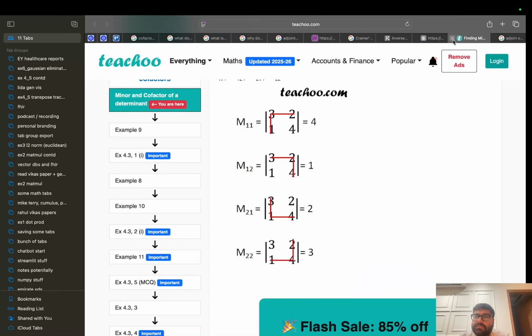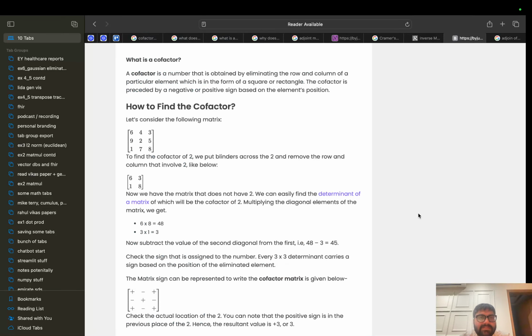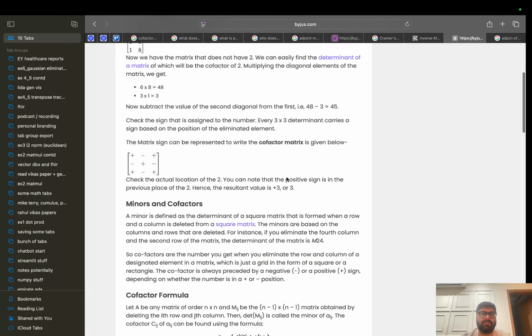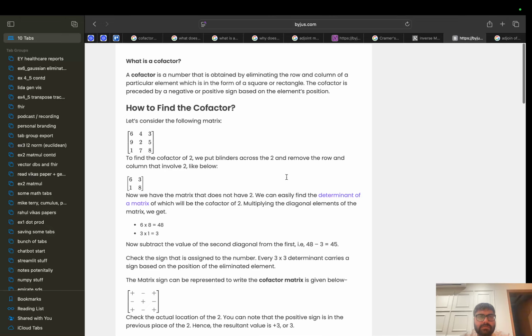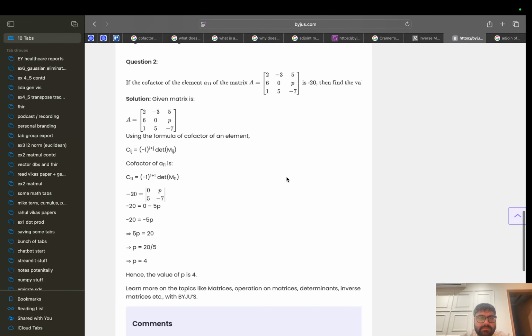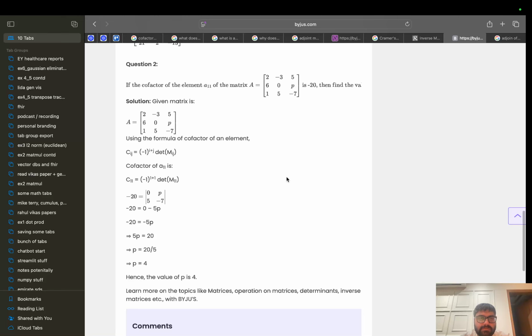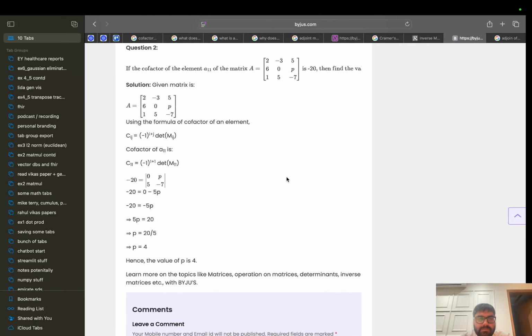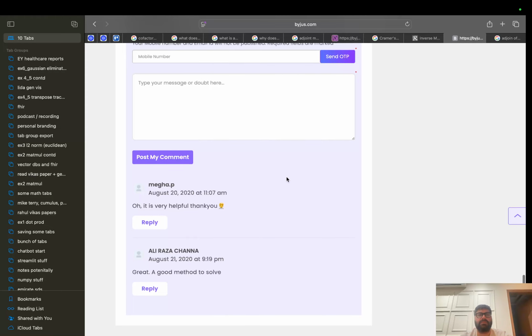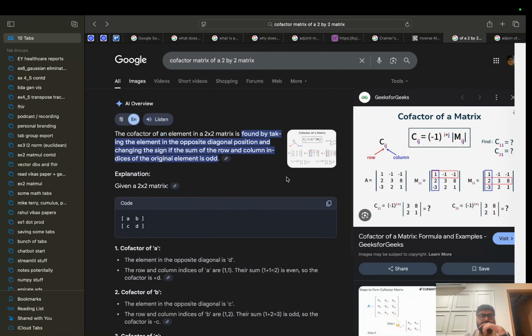Let's just look at what Byju's has to say about that. Okay.